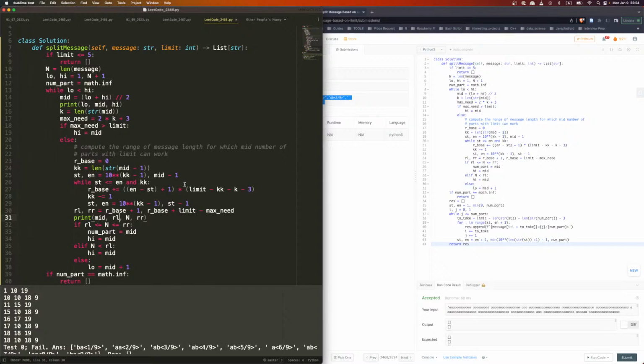Each one gets 2. Because we have 7, minus 1, 2, 3, 4, 5. That's 2. So it'll be 18. Right? 18. Then KK becomes 0. So 18. Yes. The R base is 18.